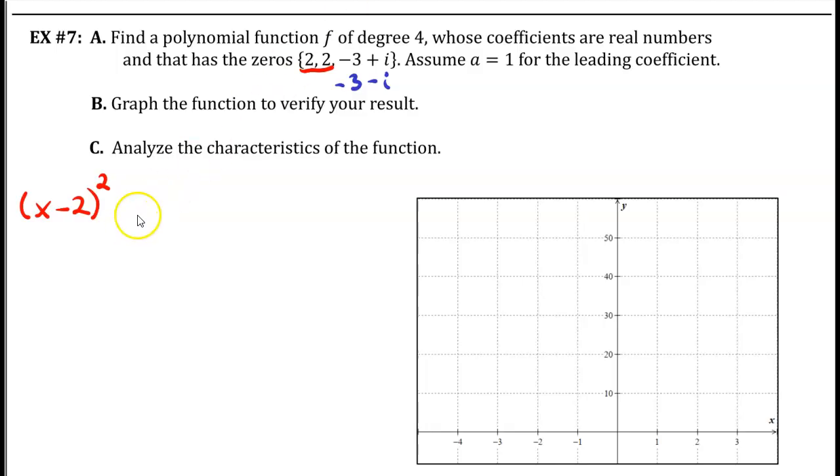And then for the other part, the complex, I'm going to have x minus negative 3 plus i. Let's do that one first. That's this one right here. So I'm just doing x minus and then whatever the root is. And then I'll do x minus, and my other root is negative 3 minus i.